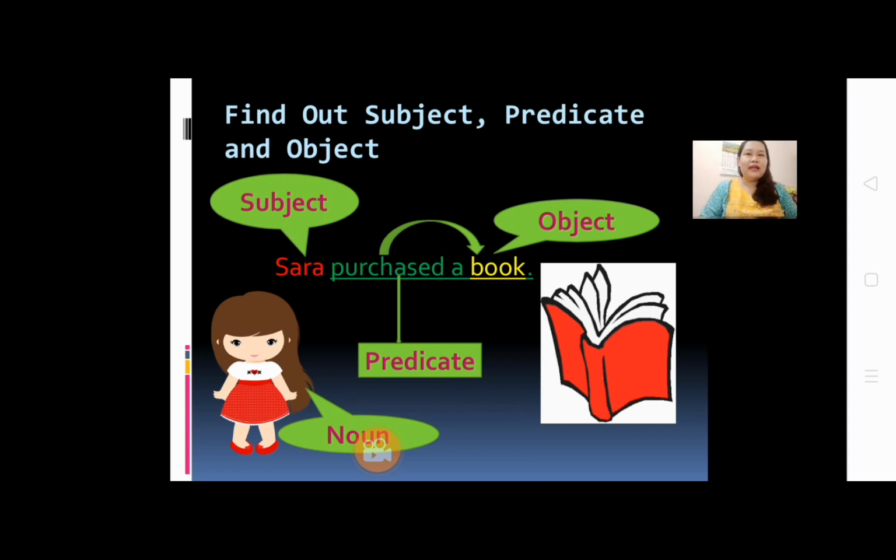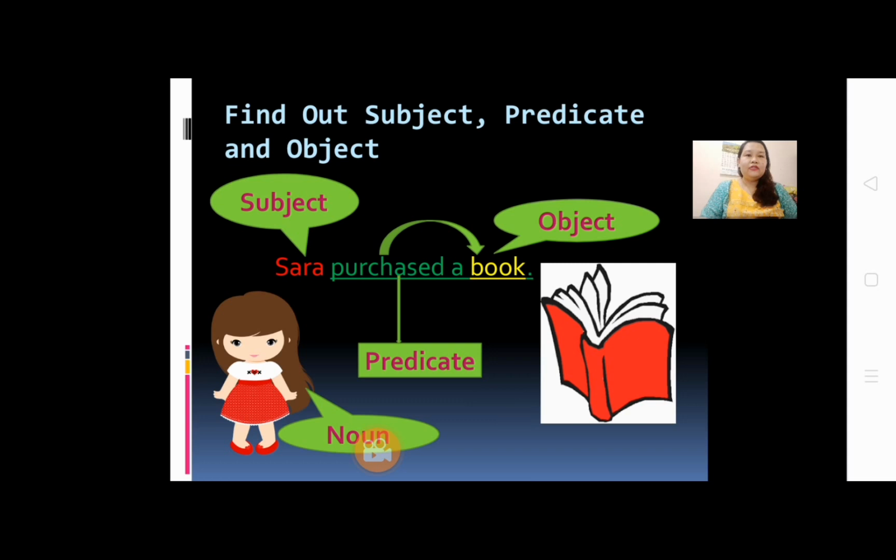First, let's try to find out subject and predicate and then object. So, who is the sentence about? The sentence is all about Sarah, right? So, Sarah is the subject and the rest of the sentence, purchased a book, is the predicate as it is telling about the action done by the subject Sarah.